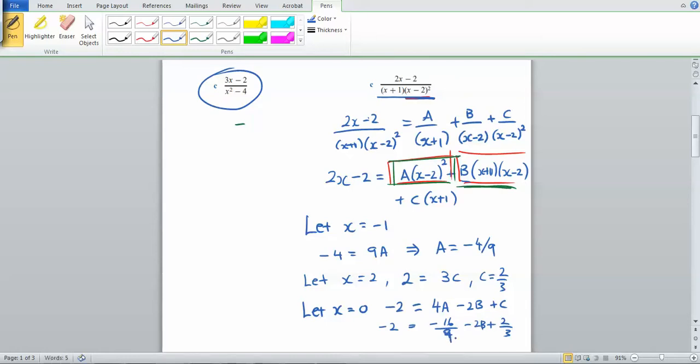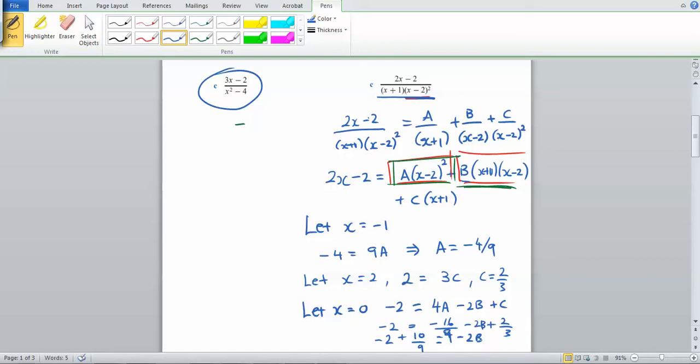Now 2/3 is the same as 6/9. So we've got minus 16 over 9 plus 6 over 9, which is minus 10 over 9. Let's get that over to the other side. So we've got minus 2 plus 10 over 9 is equal to minus 2B.